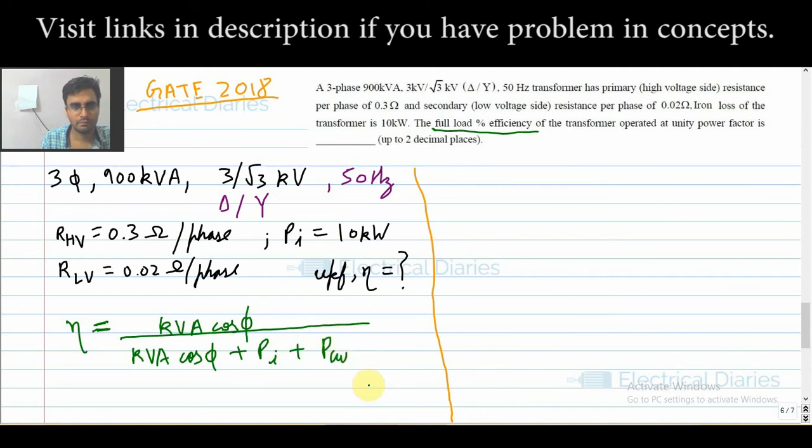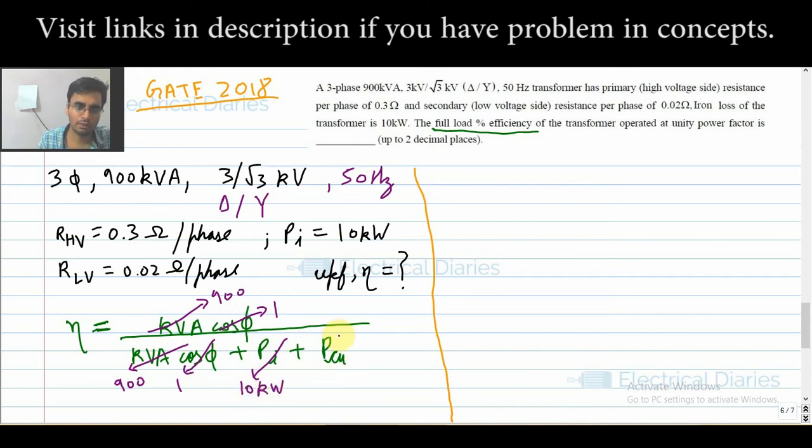Okay, so now in this question, my power factor is 1, my kVA is 900, so this term also 900, this term is 1, PI is given to me as 10 kilowatts. Okay, so these are the things.